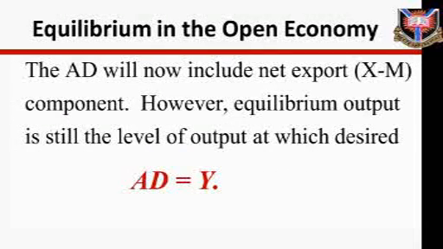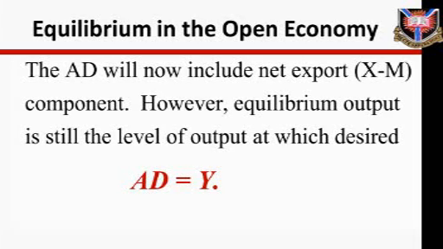Equilibrium in the open economy. The aggregate demand will now include net export, that is, the export minus import component. However, equilibrium output is still the level of output at which desired aggregate demand equals national output.